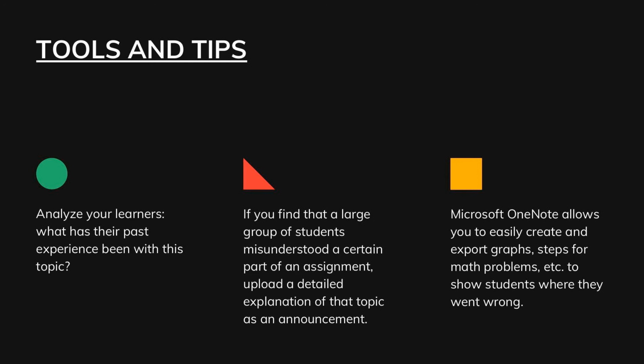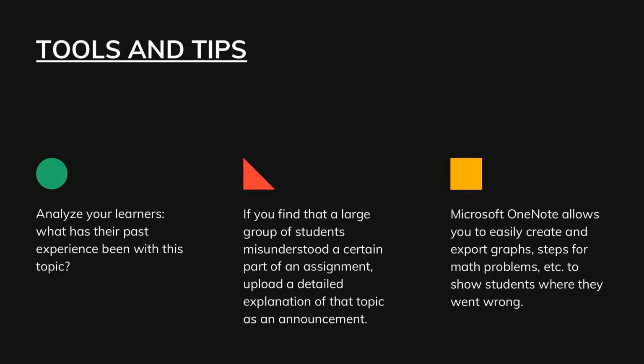The second thing is, if you find that a large group of students misunderstood a certain part of an assignment, you'll want to upload a detailed explanation of that topic. I usually do this as an announcement. This is an alternative to what many of us get caught up in, where we may be grading assignments, and as we're going through, we're seeing again and again the same mistakes happening, right?